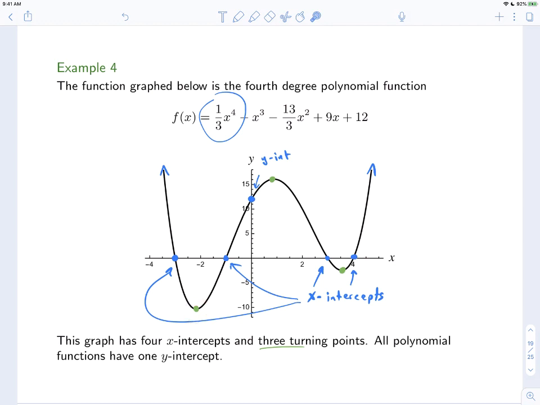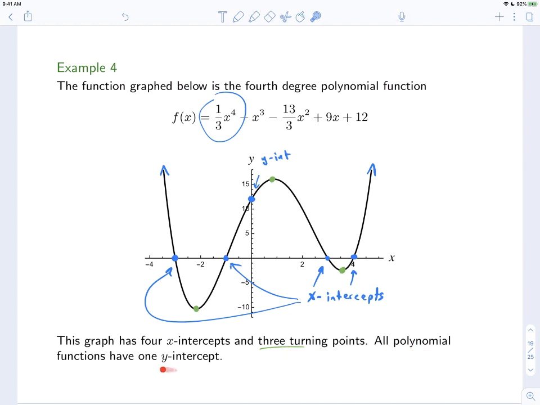These little valleys give us what we call local minimums or local minima, and these peaks or little hills give us local maxima. Whenever you change from decreasing to increasing and get a valley, or from increasing to decreasing and get a peak, these are what we call turning points.